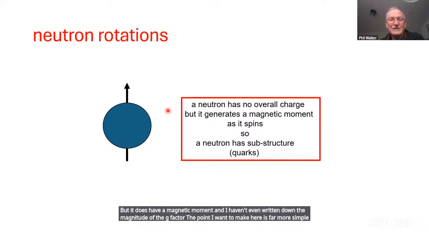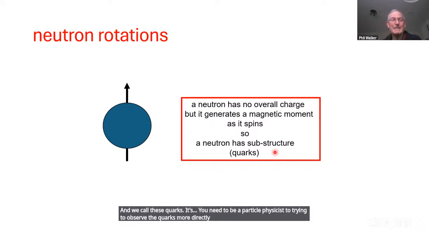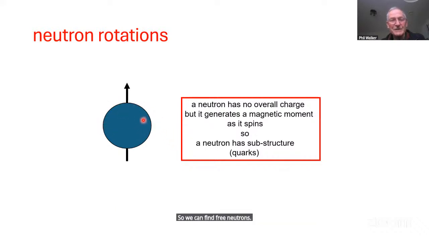The fact that there's a magnetic moment of a neutron means the neutron has substructure, and we call these quarks. You need to be a particle physicist to try and observe the quarks more directly, but so far nobody's found free quarks. So we can find free neutrons and measure that they must have a substructure.